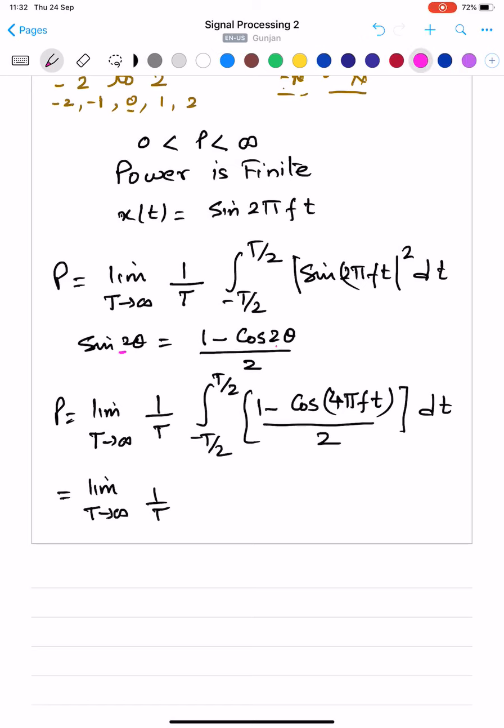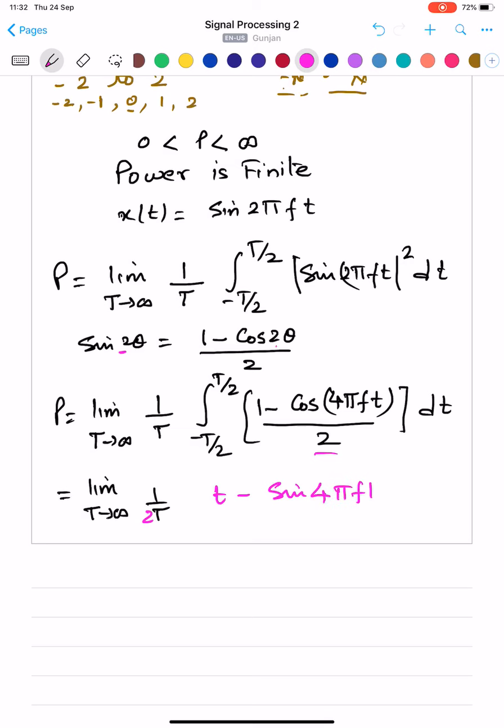So when you integrate it, it will be limit T tends to infinity, 1 upon T, this 2 will come outside, so it will be t minus sin 4 pi f t divided by 4 pi f, evaluated from minus T/2 to T/2.